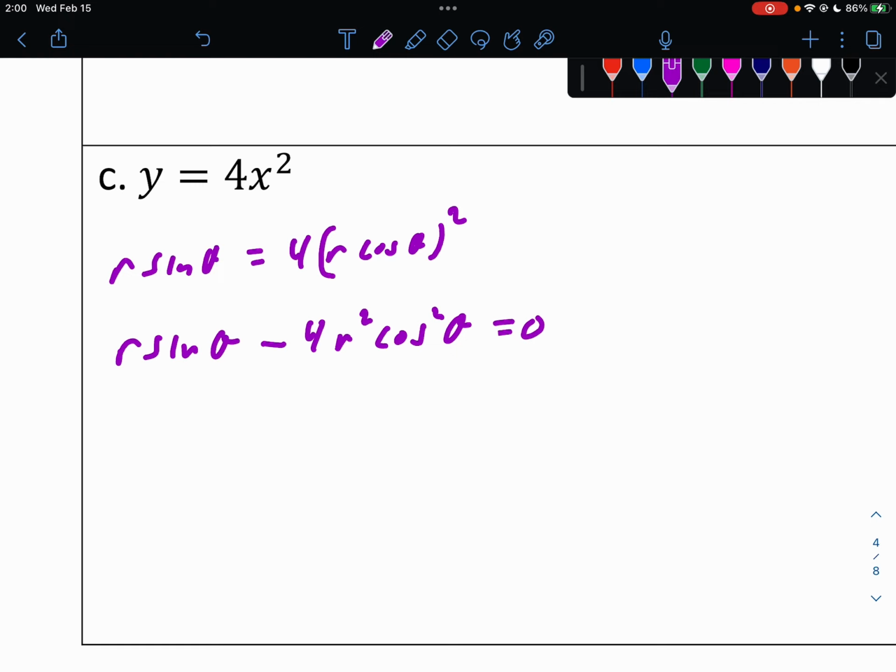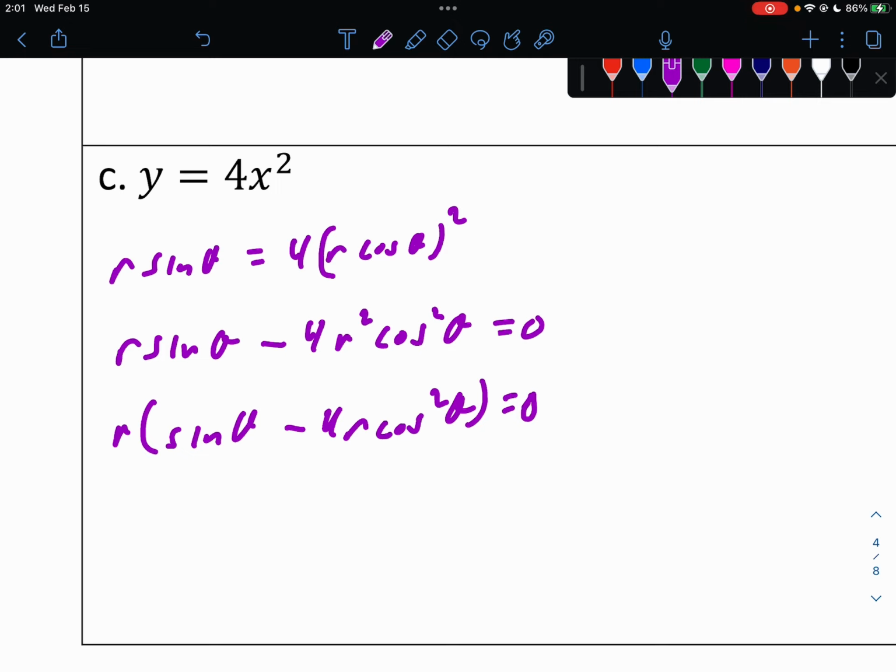Okay, if I factor out an r, oops, I forgot r there. And if I divide through by r then, we get r equals 0, which that's just not going to do anything. That's just going to be a point at the pole.